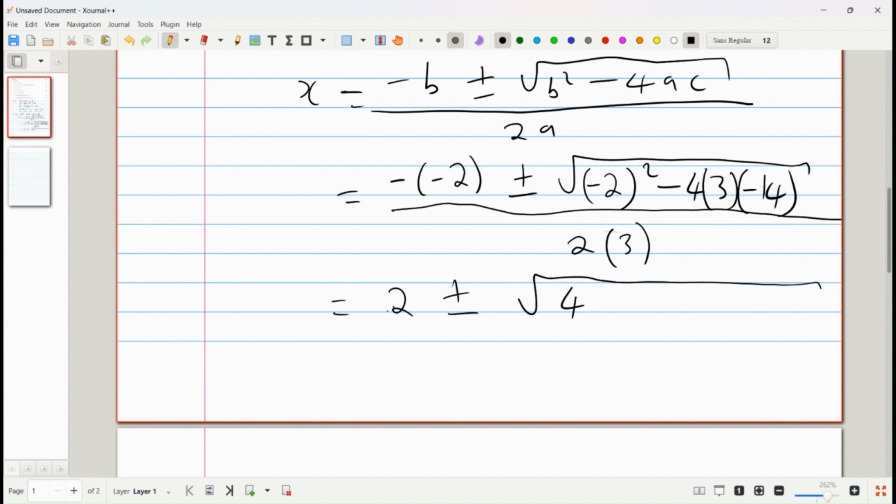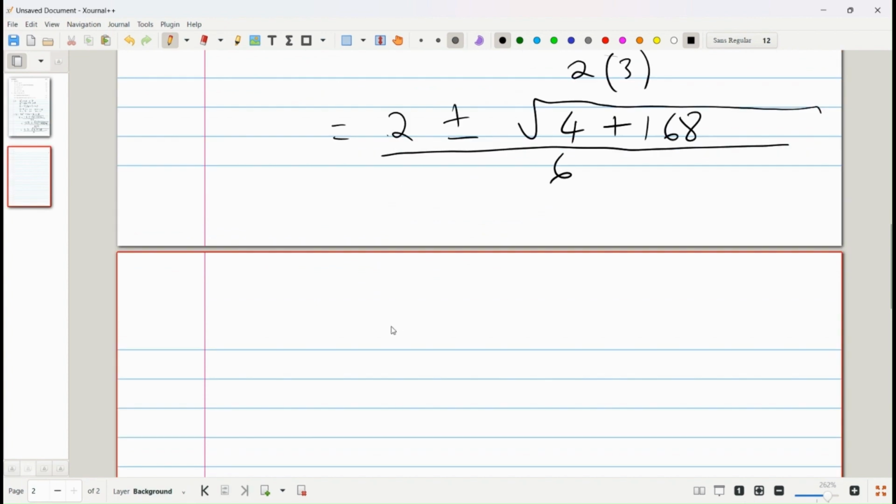This you can confirm with your calculator. From my calculator, I get positive 168. So this will all be divided by 2 times 3. 2 times 3 is 6, so it's divided by 6.